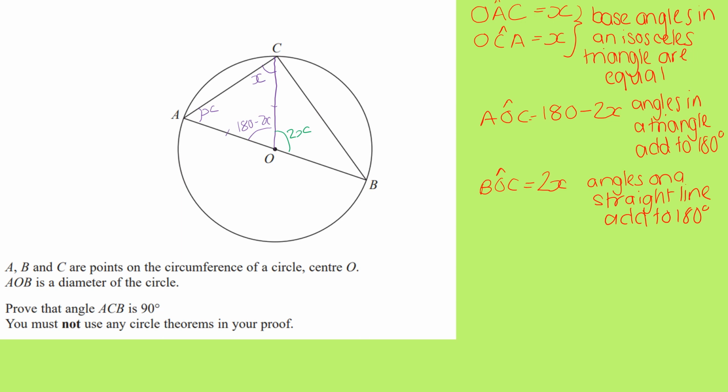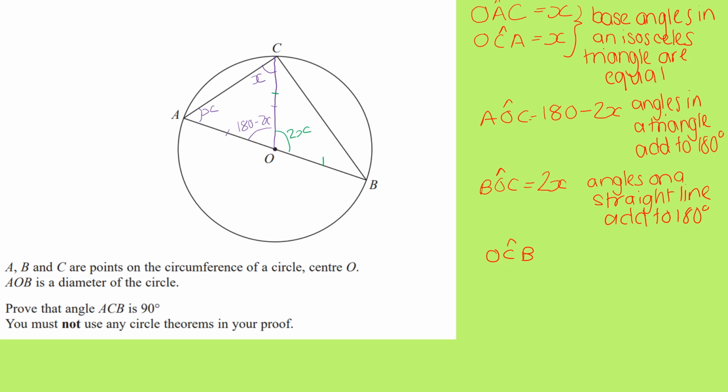Now, what does that mean for the rest of this triangle? So we go back to the remaining angles here. I'm looking to find this one to prove that these two add up to 90. And again, what we've got is an isosceles triangle here, haven't we? We've got a radius and a radius. So angle OCB, that's the one we're concentrating on now. Well, how am I going to get that?